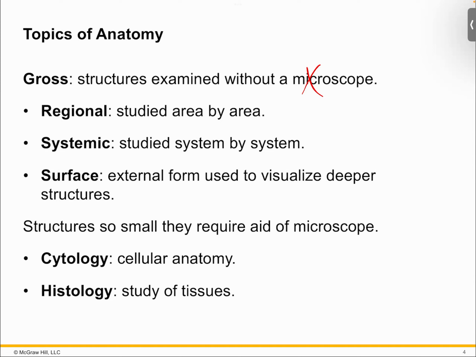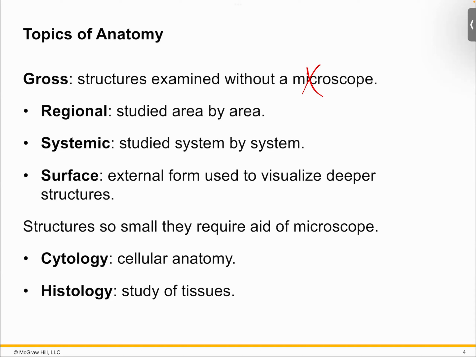But anyway, so you can break this up then. If you're not looking at a global view of it, you can break it up by region, right? That's regional anatomy. You can break it up by systems. You can do systemic anatomy. That's where you're looking at the anatomy of a particular system itself. Your body is three-dimensional, right? And it's deep.